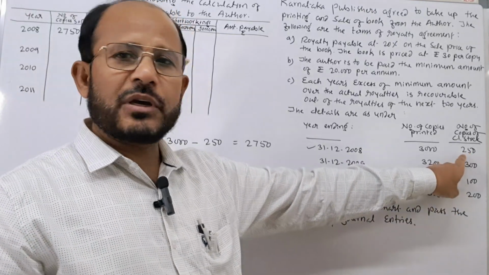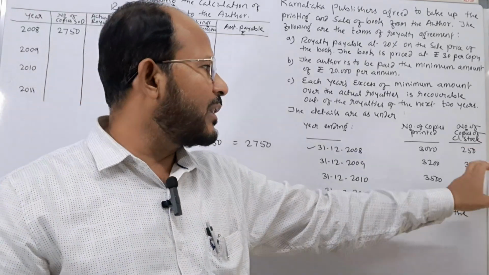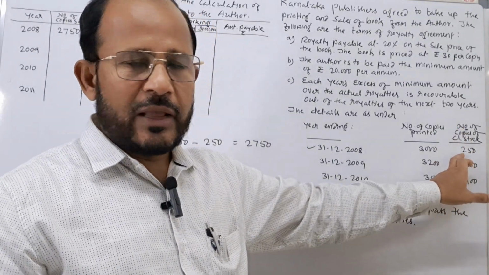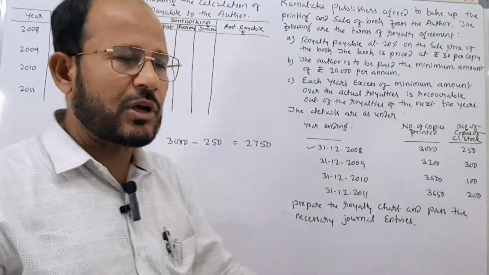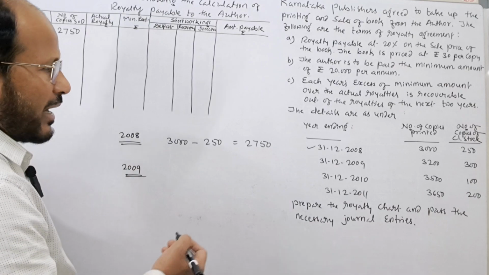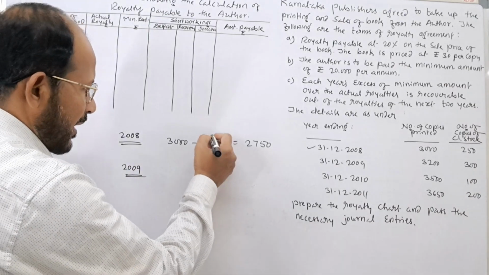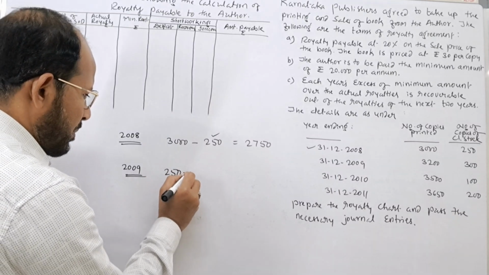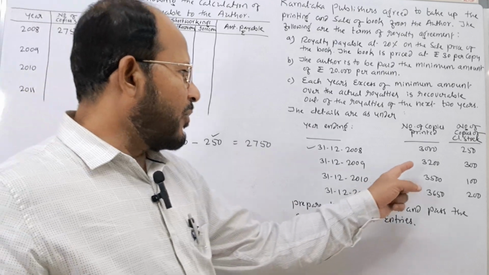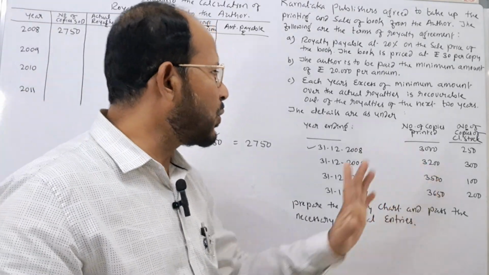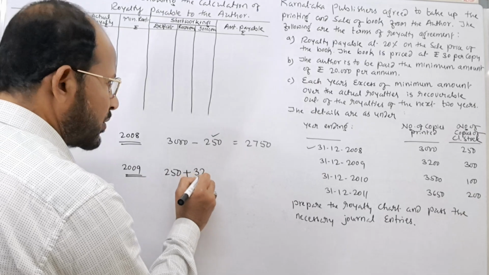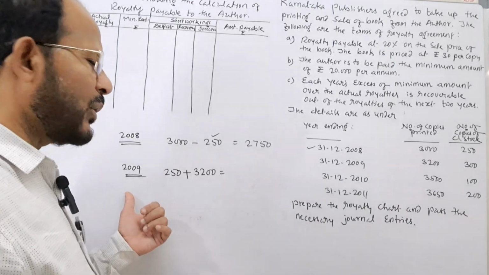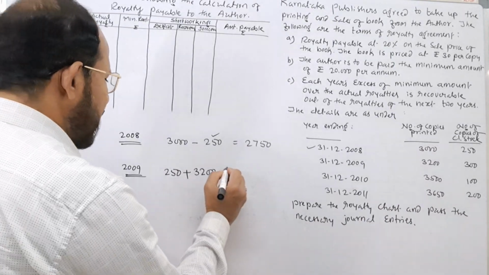In 2008, 250 books remained unsold with the publisher, so for these 250 books we say closing stock. In 2009, the same books become opening stock. So in the year 2009, what do we have to do? First we have to take the closing stock of the previous year, 250, as opening stock, plus number of copies printed in that year, 3200. We have to add 3200.